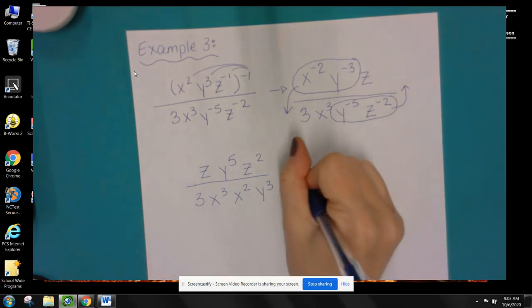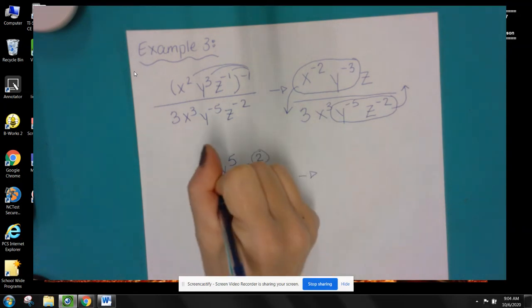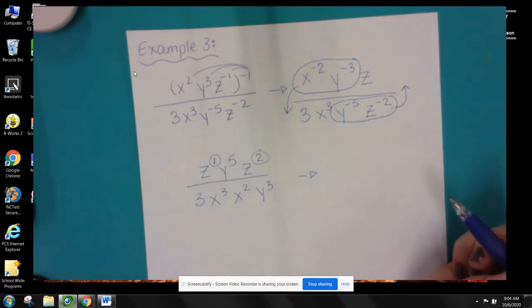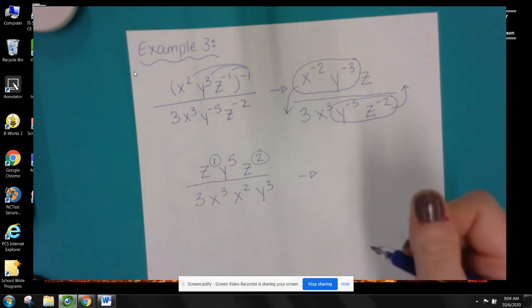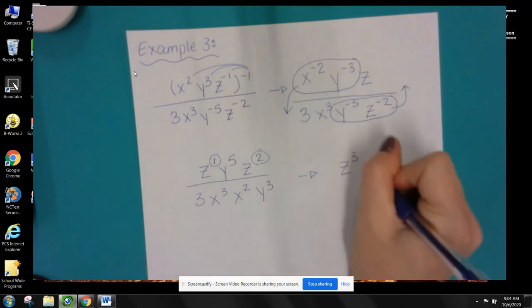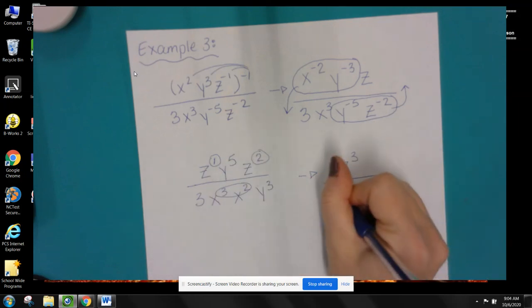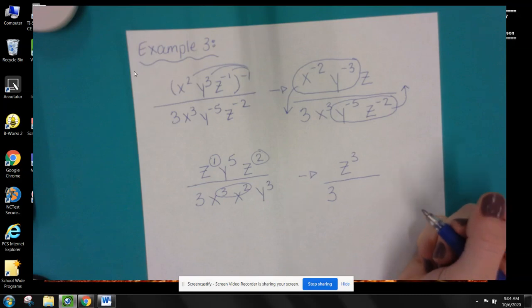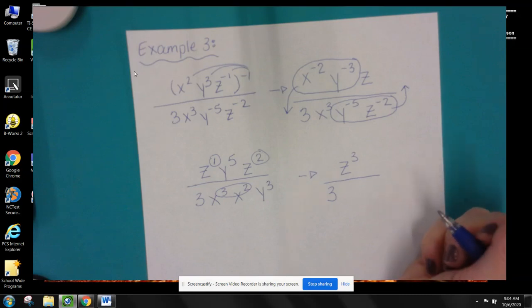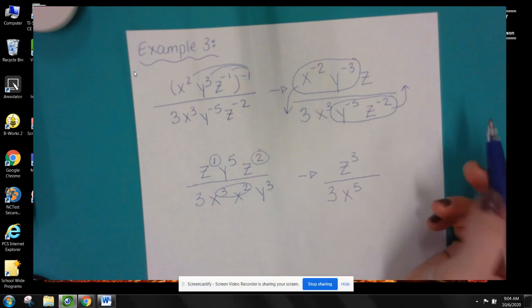So before I deal with the y's, I'm going to combine. We know that's an imaginary one. I'm going to combine what I have already. So that would be z cubed. These I'm going to combine with addition. There's nothing to simplify with the coefficient of 3, so that's going to stay where it was. That'll be x to the 5th.